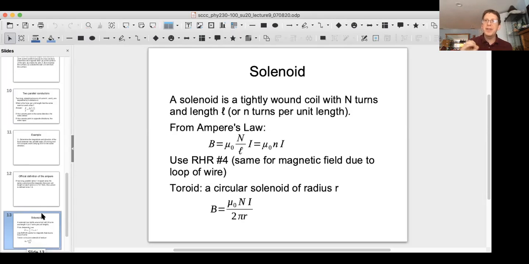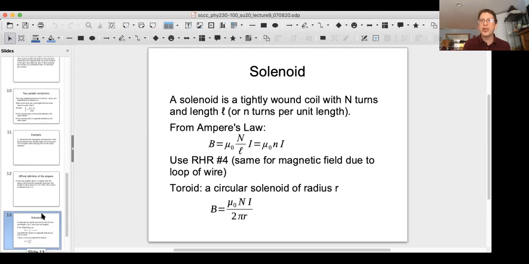So the magnetic field inside a toroid, where you've got turns of wire wrapped around a donut-shaped coil as opposed to a cylindrical shaped coil, is not uniform. But if the width of the toroid is small compared to the distance r from the center of curvature, then it's functionally uniform.